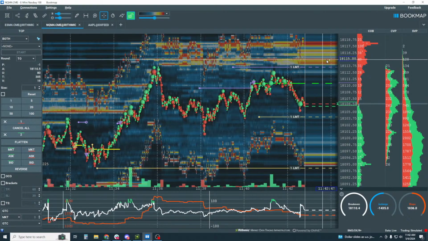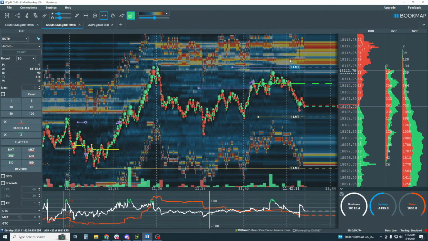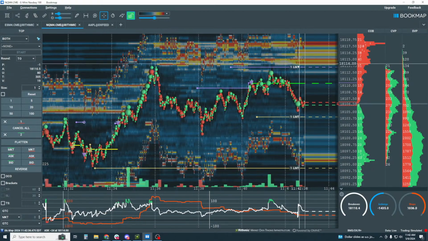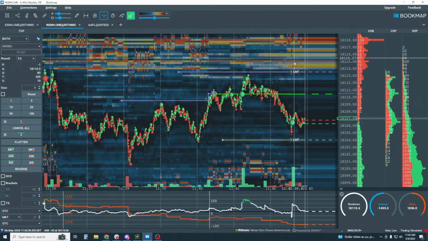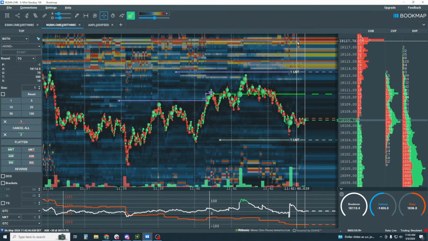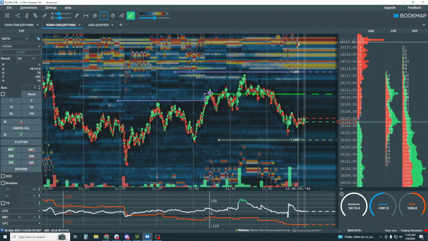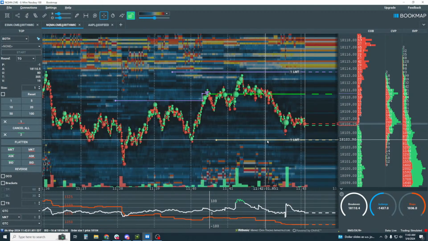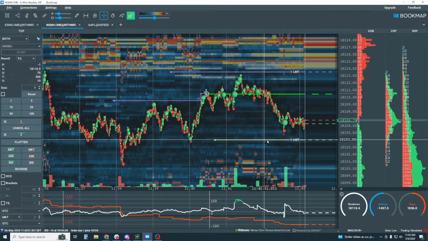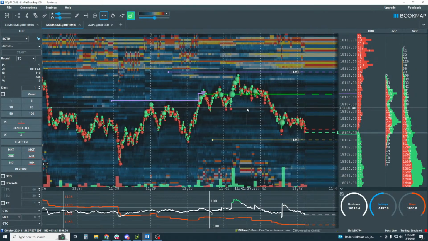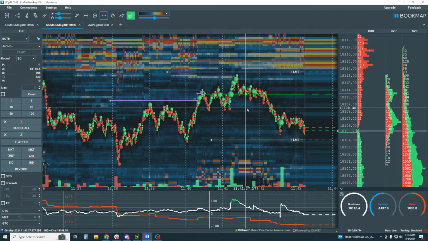All right, let's see if we can get this last one here, and then we'll wrap it up. We'll call it a day. In essence, this is kind of like a lot of the market making algos.